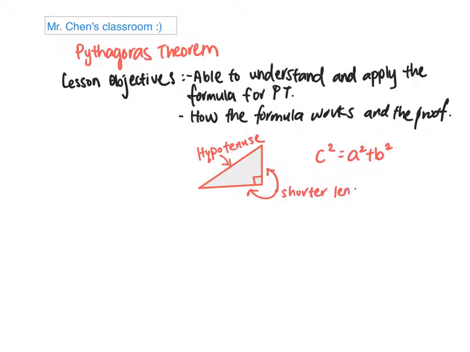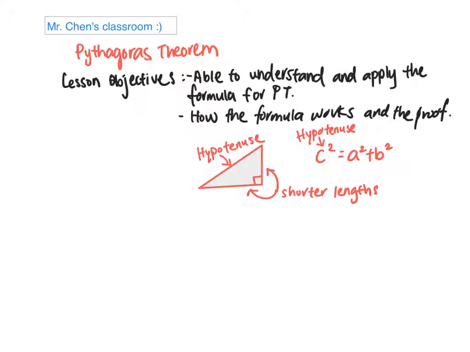There are actually names to them, but I'm not going to tell you that first, because I want to focus on the formula instead. So c squared equals a squared plus b squared. What happens here is that c squared is always going to be the hypotenuse.